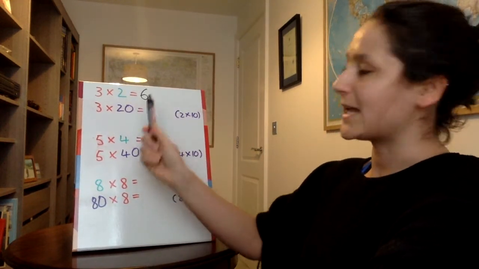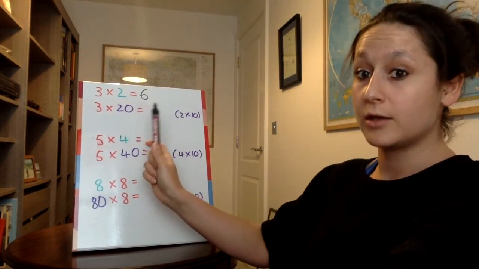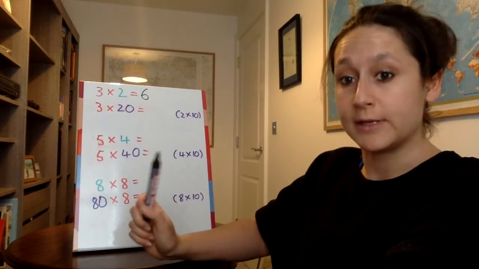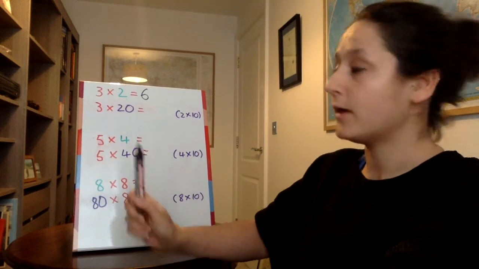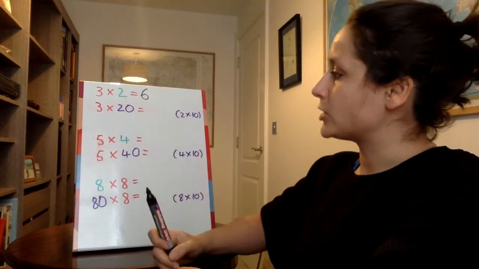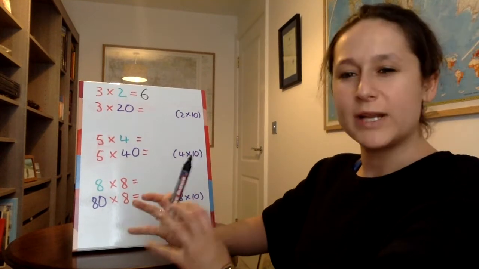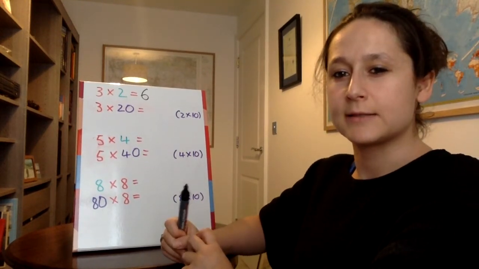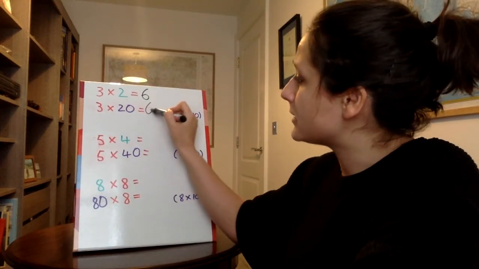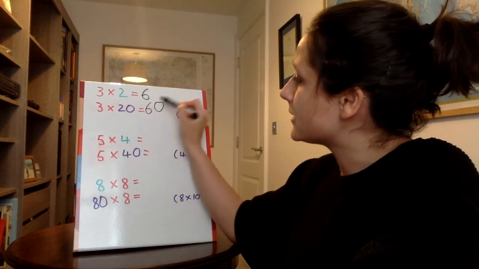So 20 is 10 times bigger than 2, which means that our answer also needs to be 10 times bigger than the answer above. So if we know that 3 times 2 is 6, what is 10 times bigger than 6? Relatively easily we can work out that that is 60.